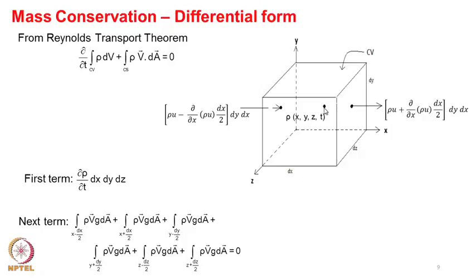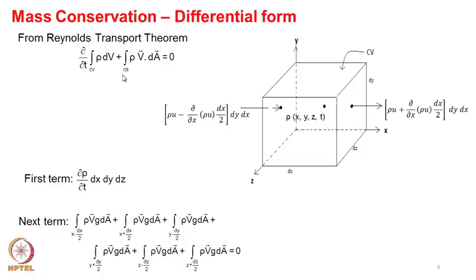Similarly, from the center in the x direction if you go to the right, that elemental length is dx by 2, positive. Similarly, you can go from the center to the front and to the back, that will be dz by 2. Similarly, top and bottom, that will be dy by 2 in either direction.